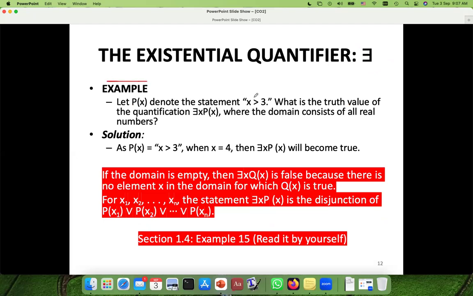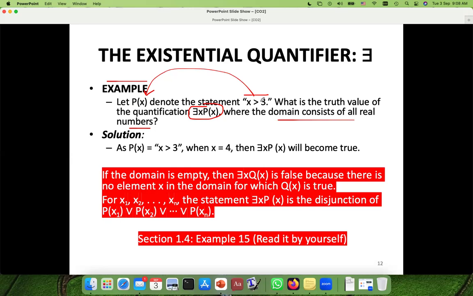Now, an example. Let p of x denote the statement given here. What is the truth value of there exists x, p of x, where the domain consists of all real numbers? All real numbers: if you put 0.25, is it greater than 3?